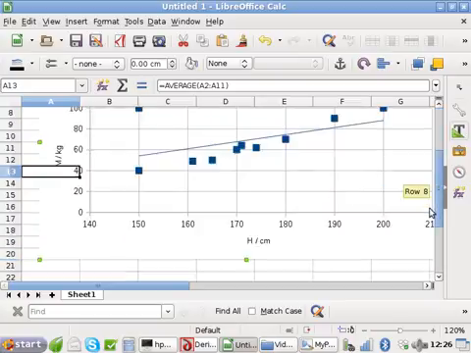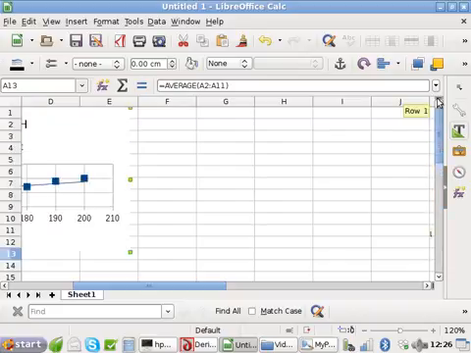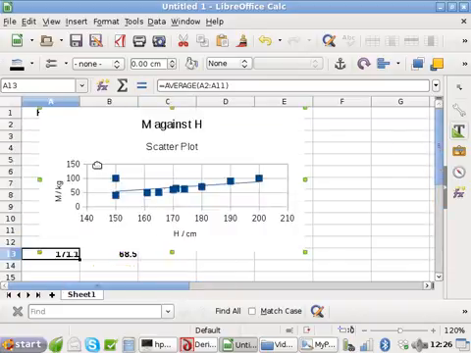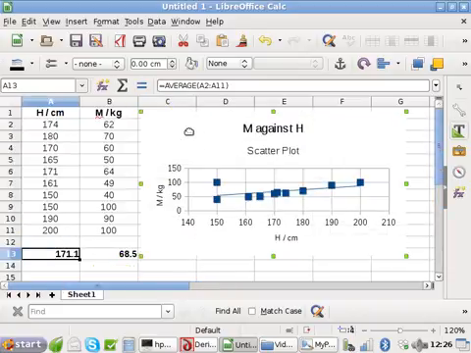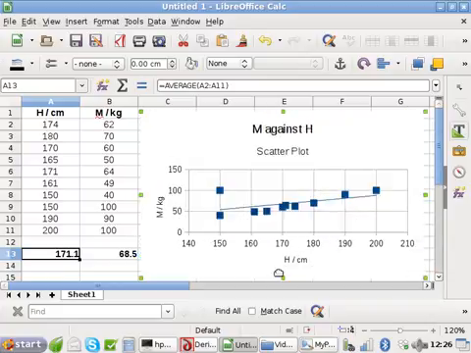Let me shrink this down so we can have them side by side. One sec. Okay, so you see these two numbers here is the average of height and weight. I want you to make a note about the average, okay?